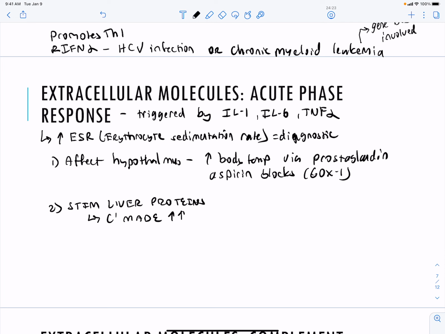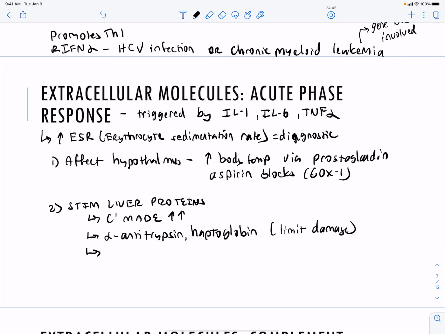You're going to get alpha antitrypsin, haptoglobin. And these are going to be things that will limit damage. You're going to get clotting factors released. Usually when you have some inflammation, there's going to be some damage that requires clotting.